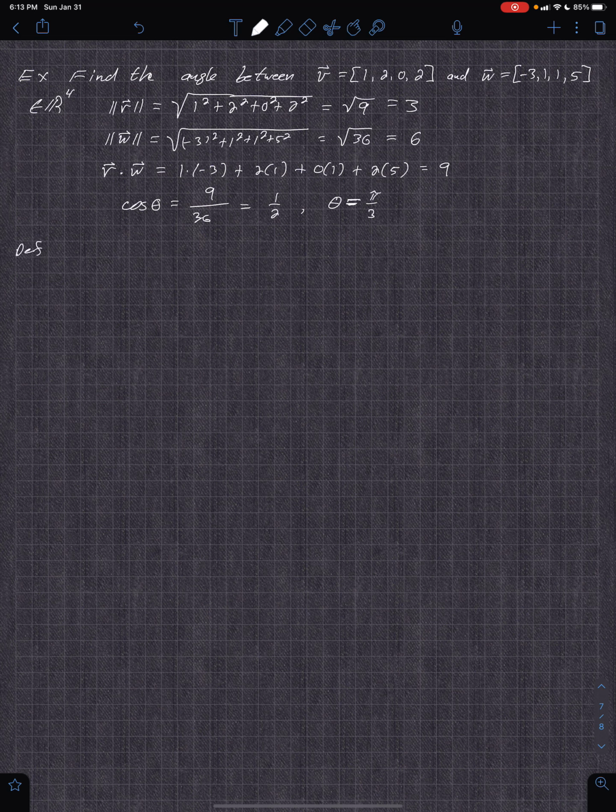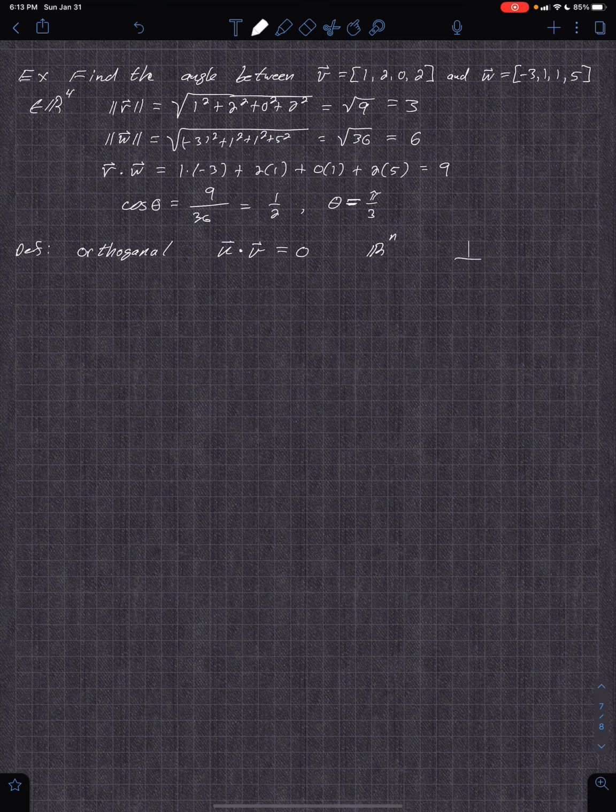Moving along, definition: orthogonal. So what's the definition of orthogonal? Means the dot product is what? Dot product is 0. Yes. All right, so dot product 0 means something more in Rn than perpendicular, right?